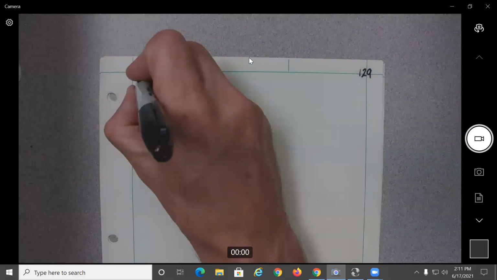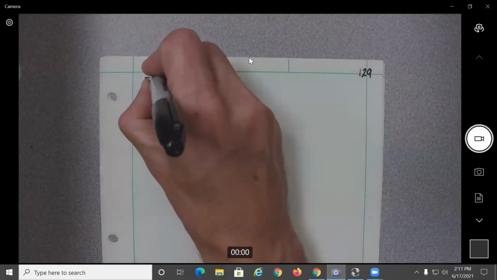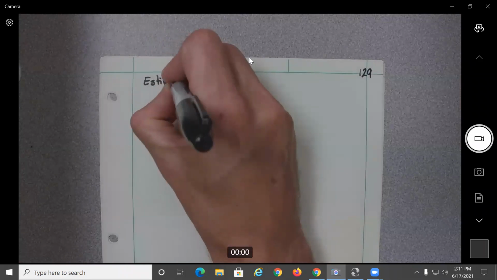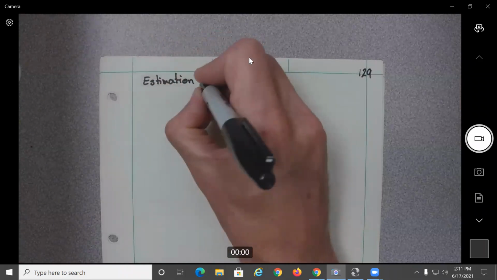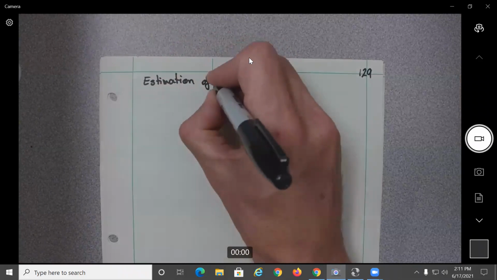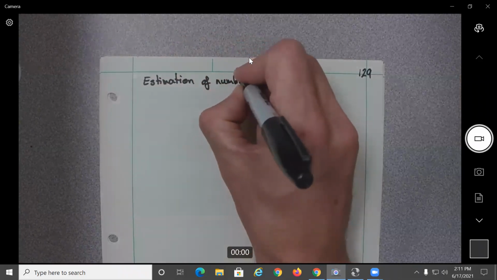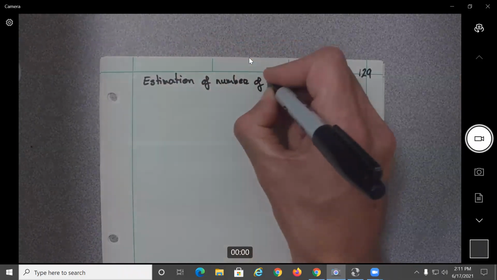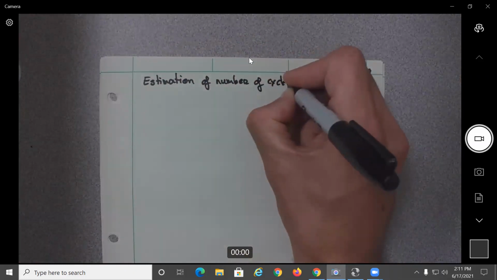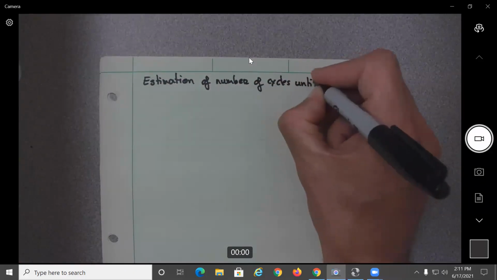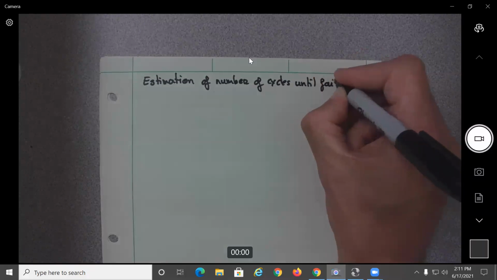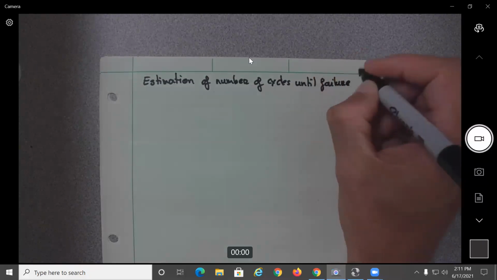Estimation of the number of cycles until failure.